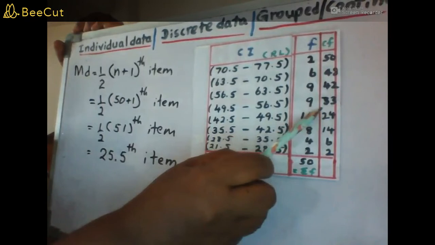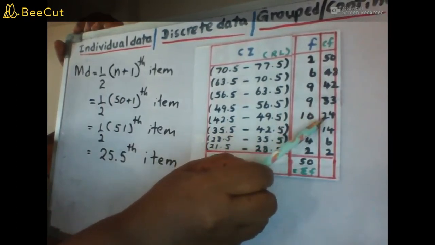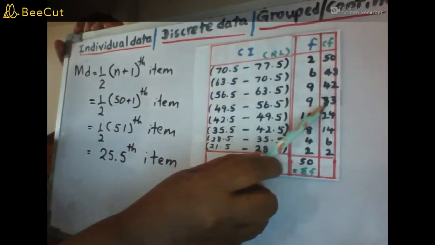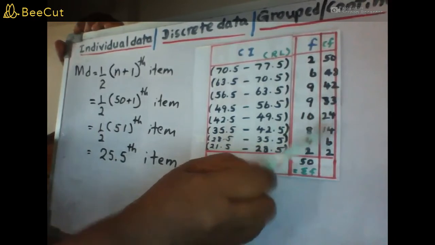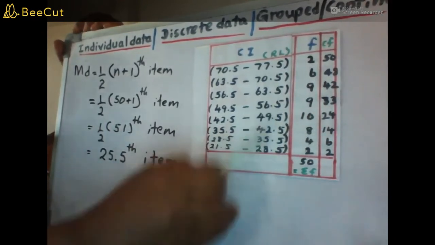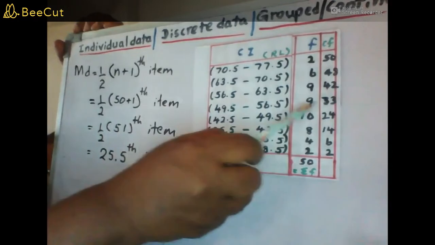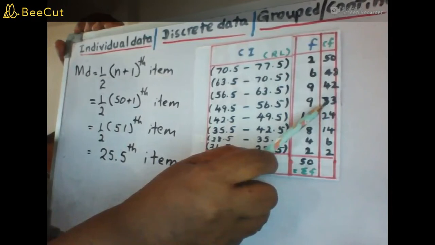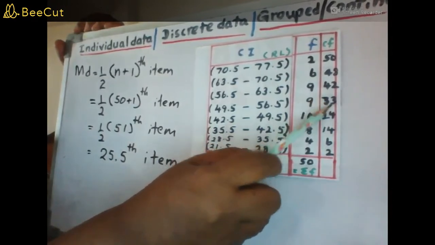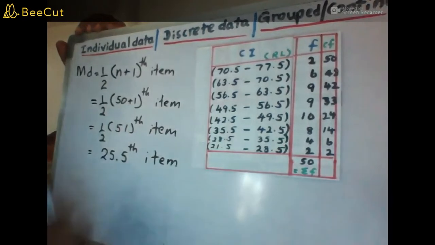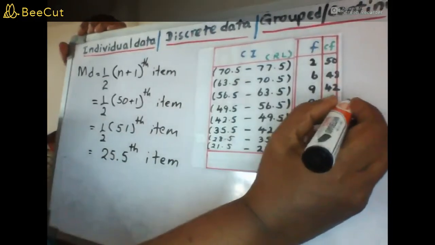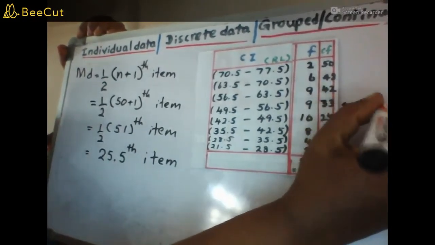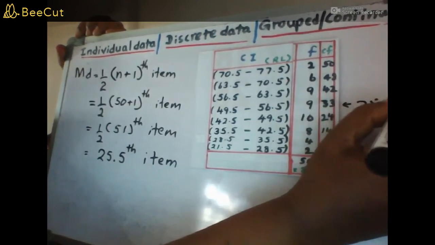We can't find a middle place here. So the 25.5 place is in this group, 33. There are 33 students who scored marks below 6.5. Then that child is in this set among these 33 students. So you write here, near 33, 25.5 item.